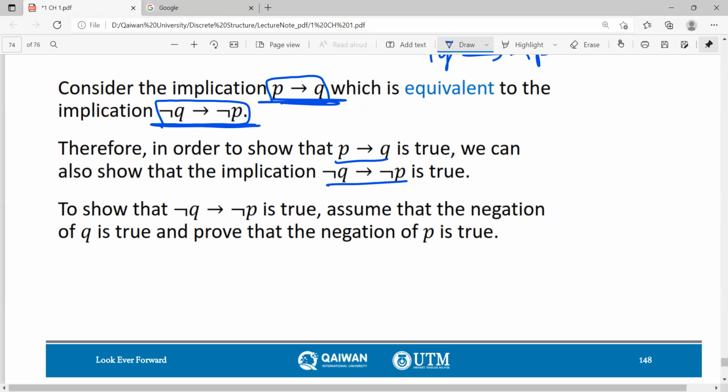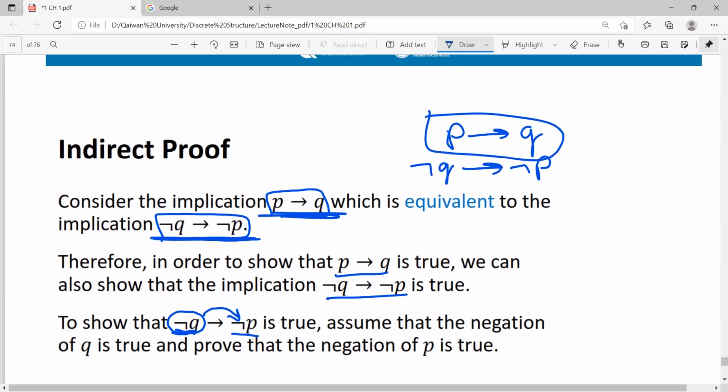And conversely. To show that P then Q is true, we take negation Q and we prove negation P. If you prove that negation P is true, it means P then Q is true.